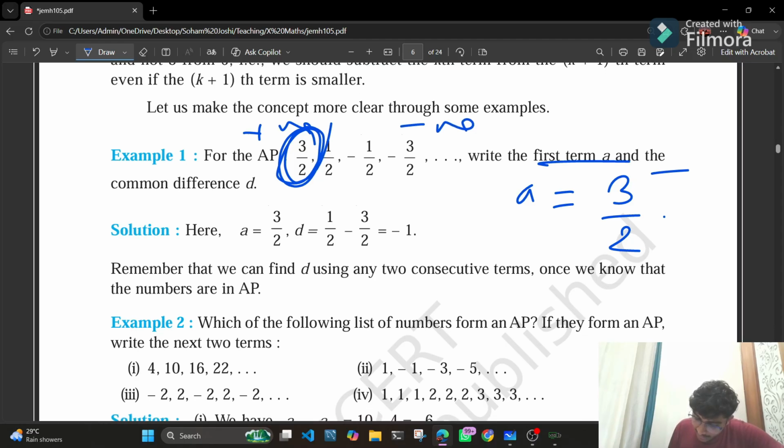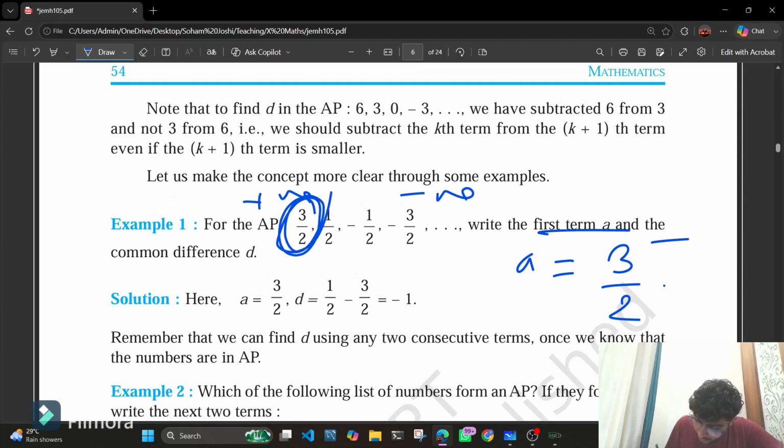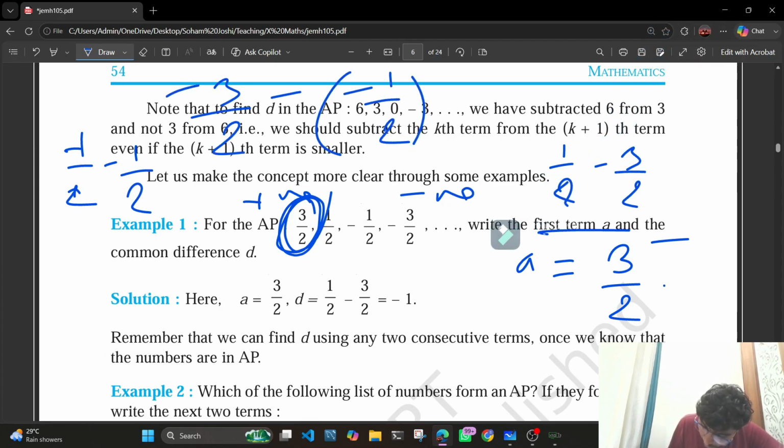Now for the common difference, we can use any of the four terms that are given to us. We can either write the common difference as 1 by 2 minus 3 by 2, or minus 1 by 2 minus 1 by 2, or minus 3 by 2 minus minus 1 by 2. All of these calculations will give us the same answer.